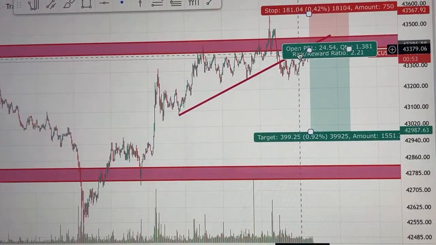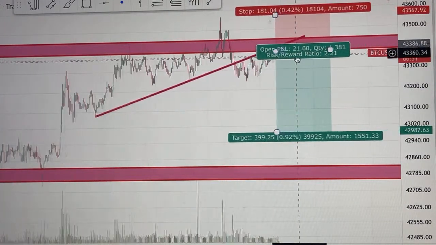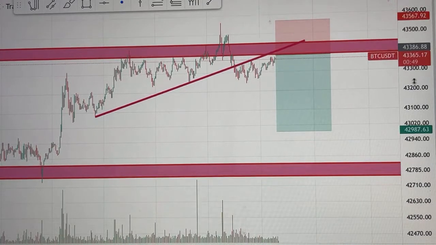My target is not really big. My stop loss is small.